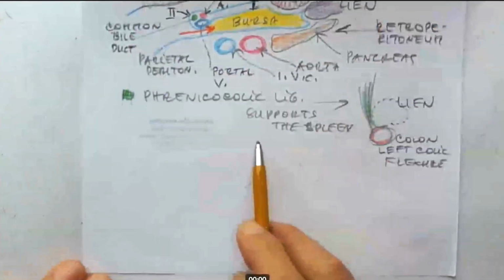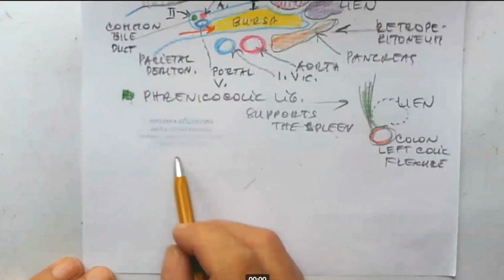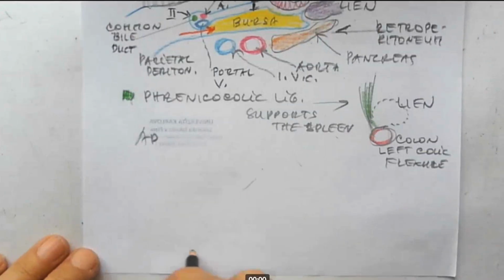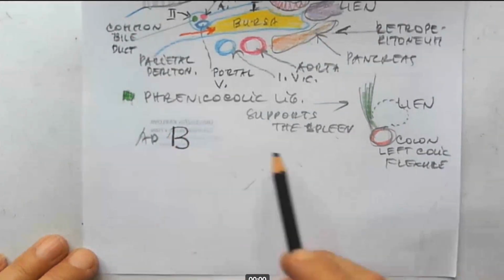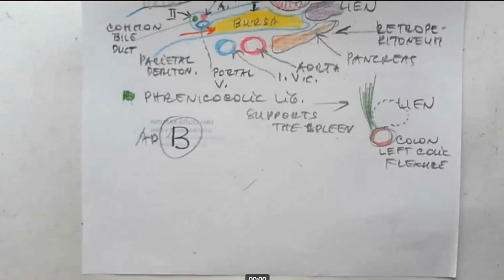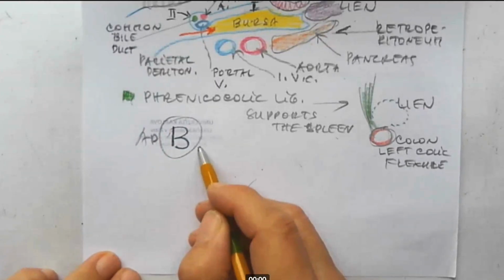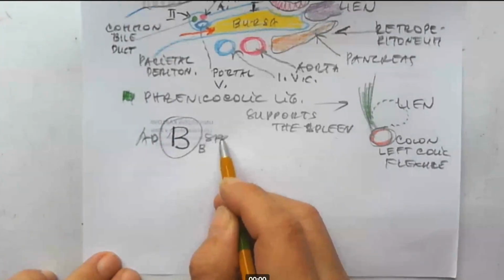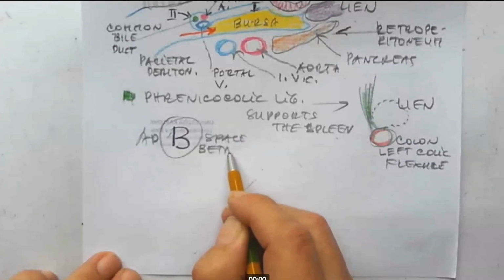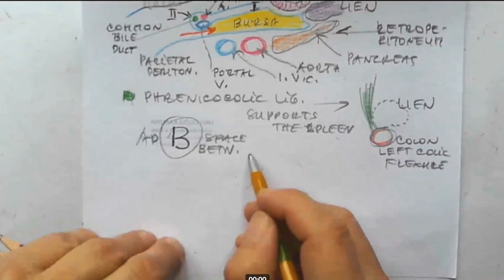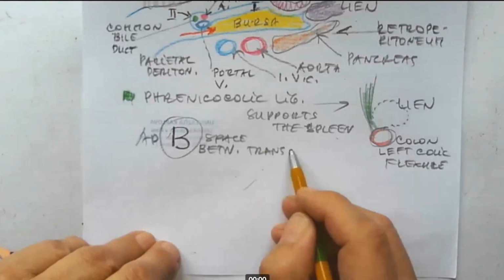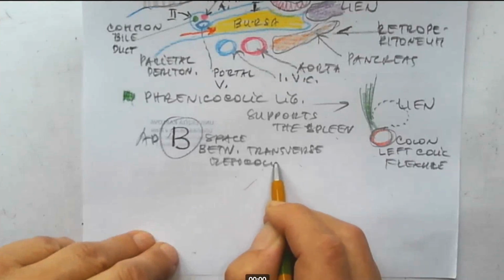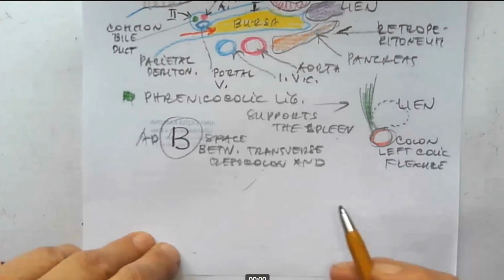So we are leaving the supramesocolic compartment, and at B, because now we are approaching the inframesocolic compartment. This is B, and we know that the inframesocolic compartment is bounded by, or is a space between, the transverse mesocolon, and no, what else?